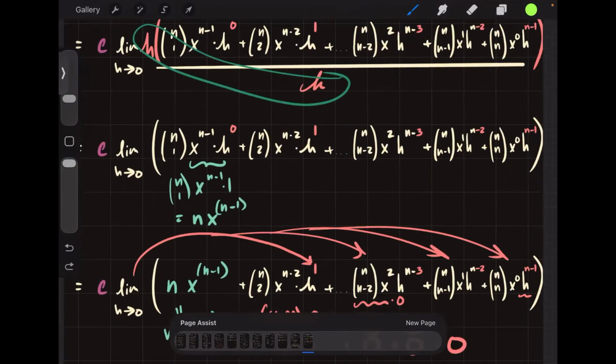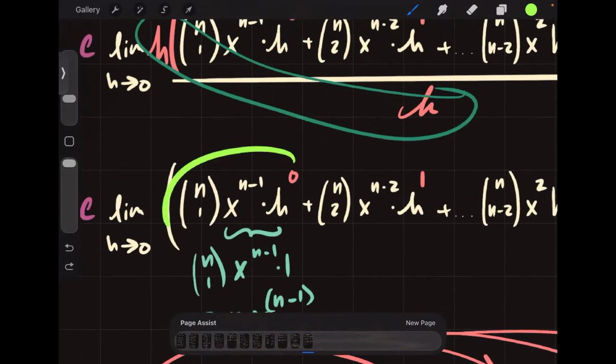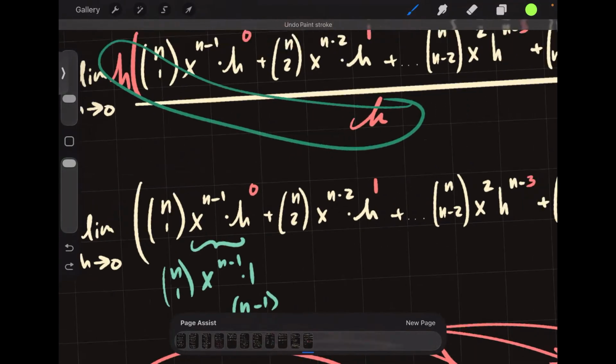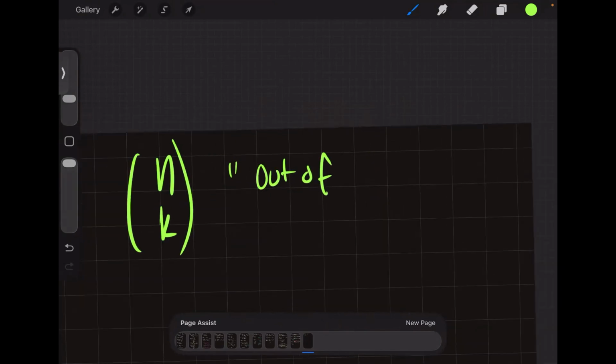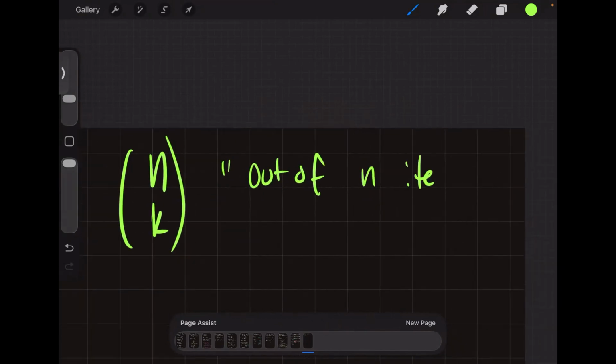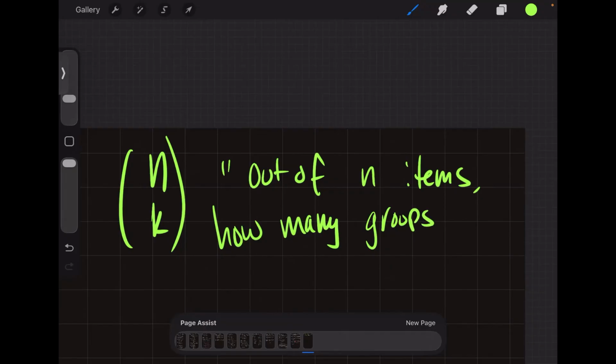And here's the fun part. This piece can be simplified. When someone says n choose k, we're saying out of n items, how many groups of k size can you make?